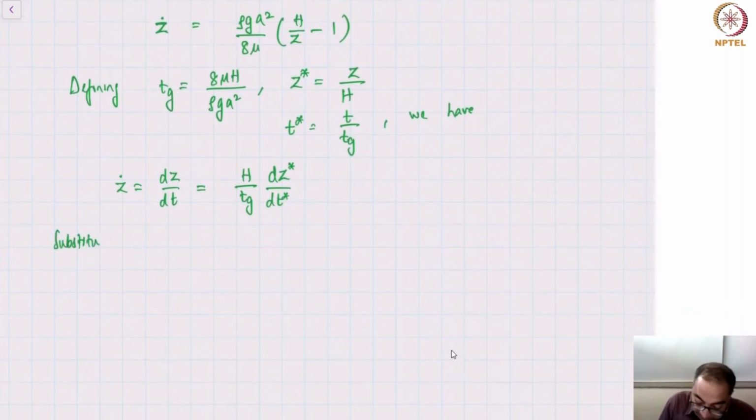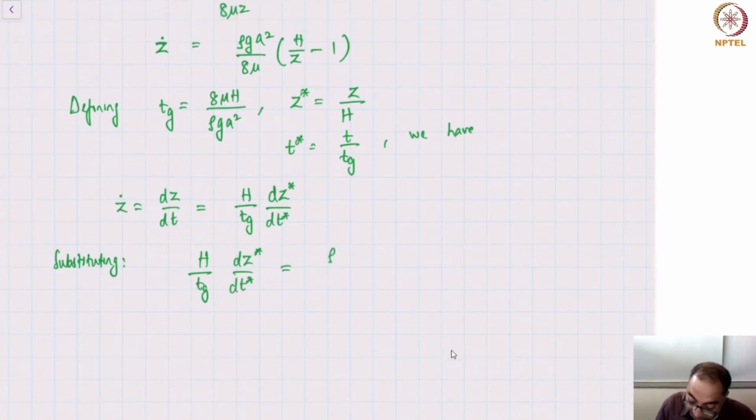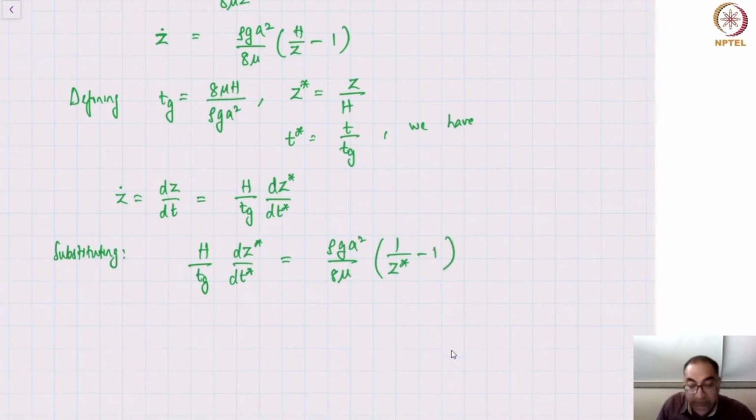If I substitute it, what do I get? I get h by tg dz star by dt star will be rho g a square by 8 mu, h by z is 1 by z star minus 1. Okay.